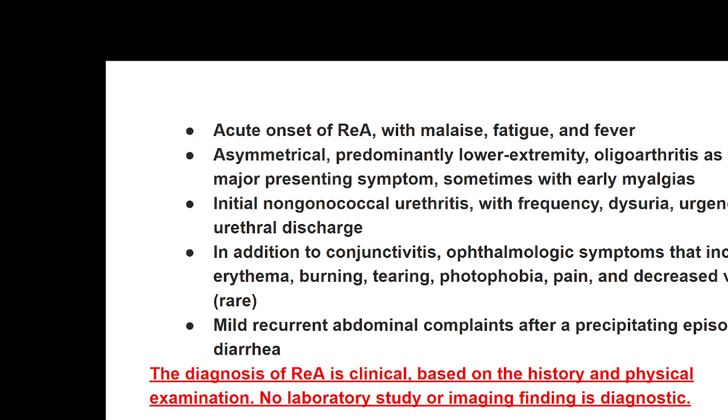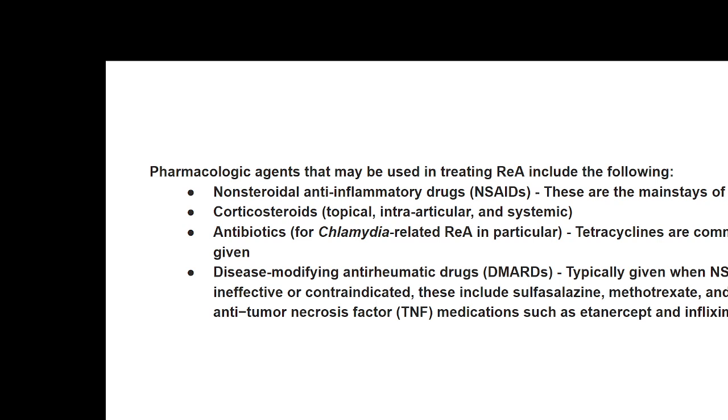One of the most important factors of reactive arthritis is that the diagnosis is always clinical, based on the history and physical examination. There is no laboratory study or imaging study which is diagnostic. Confirming the diagnosis of reactive arthritis with a laboratory study or imaging is not possible.